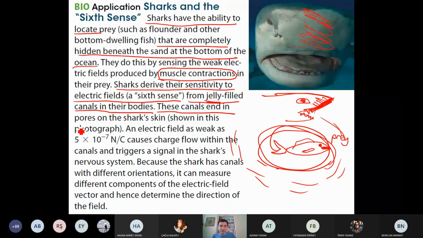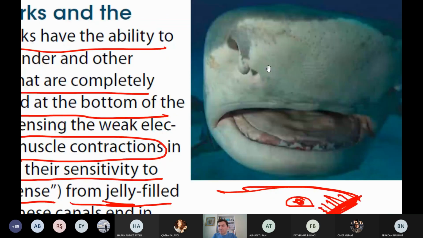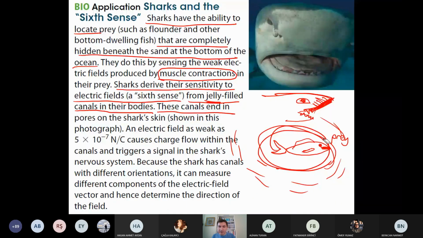I have shown you; let me show you again, then you will better understand. You see there are pores here, but actually these are entrances of the canals. So many canals enter into the shark beneath the surface.